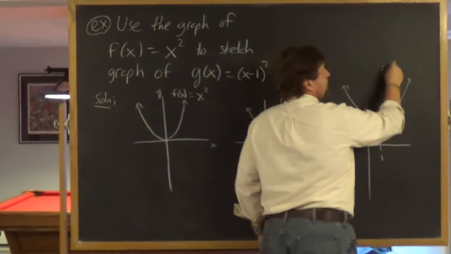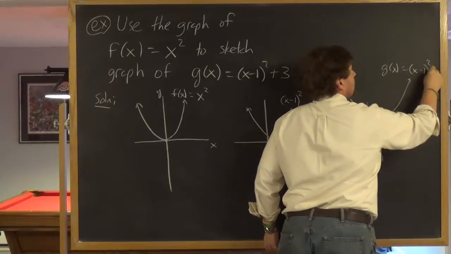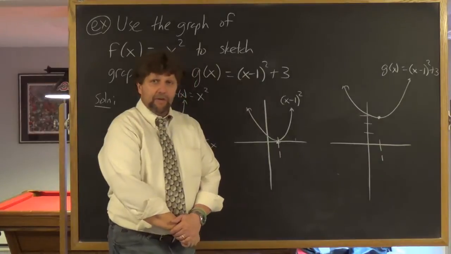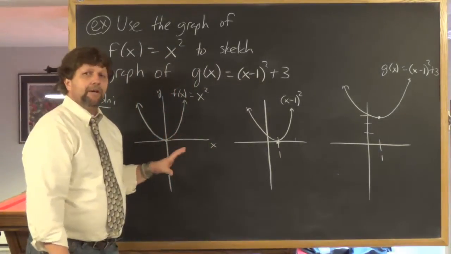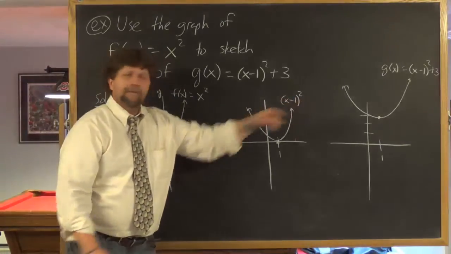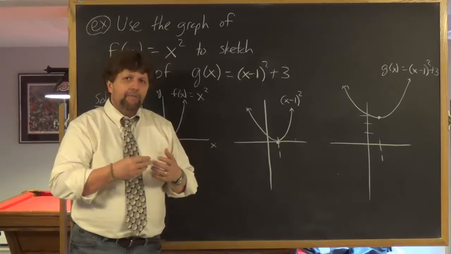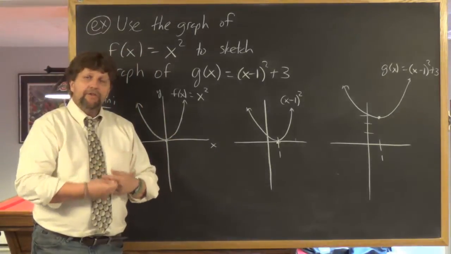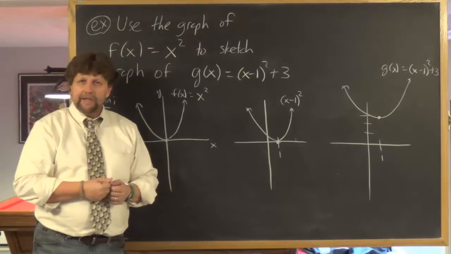And this is the graph of (x minus 1) quantity squared plus 3. I used my knowledge of what the graph of x squared looks like to get the graph of (x minus 1) quantity squared plus 3. So that's a very quick, brief look at how I can use a horizontal shift and a vertical shift to do a graph. Let's do another example.